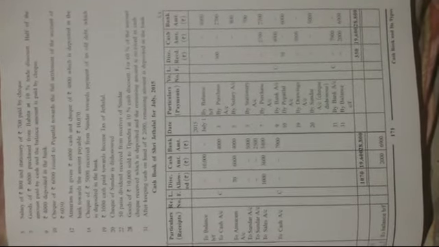So that 5,400 is received through cheque. Therefore, that amount will be written in the bank amount column. And the remaining amount, how to calculate it? Out of 9,000, 5,400 is paid through cheque. So if you minus 5,400 out of 9,000, it remains 3,600. So that amount is received in cash. So that amount will be shown in the cash amount column, 3,600.